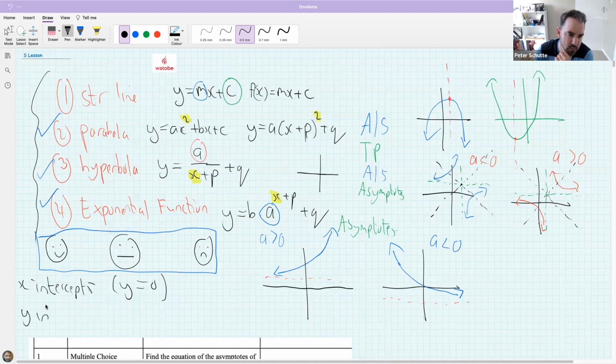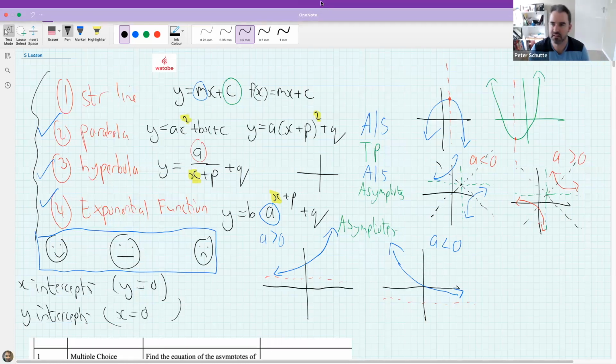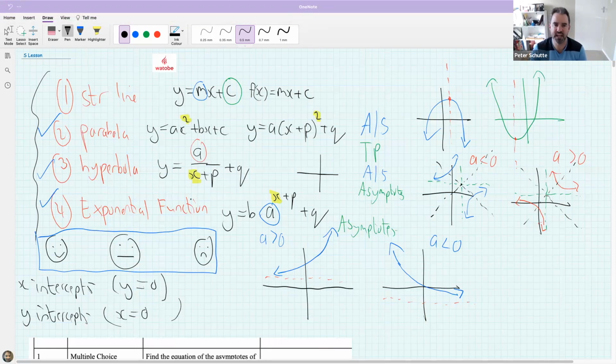And how do I find the y-intercepts? You're going to make x equal to 0. There are more questions, but for me, these are the basic ideas that you need to have in your head ready to roll at any point.